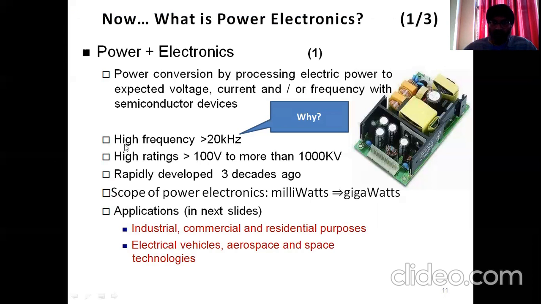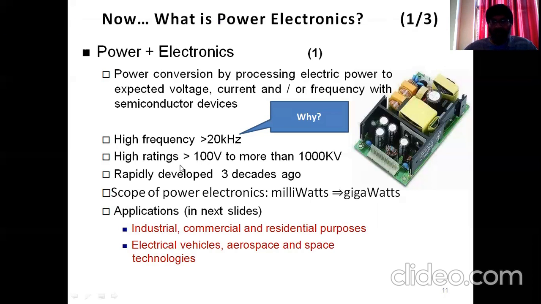For power electronics, we normally use more than a few kilohertz, though it's not always more than, it depends. The range, I can give you a range: a few kilohertz to megahertz. So these power electronic circuits operate on a few kilohertz to a few megahertz of frequency, and this is called switching frequency.